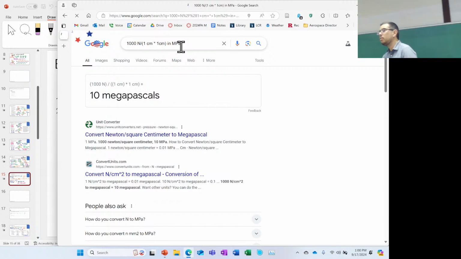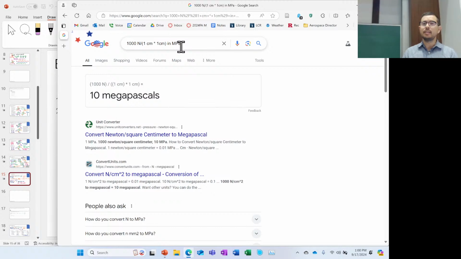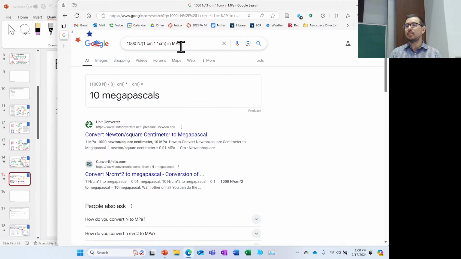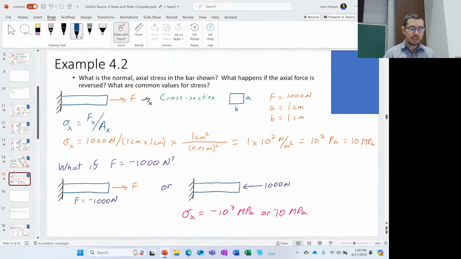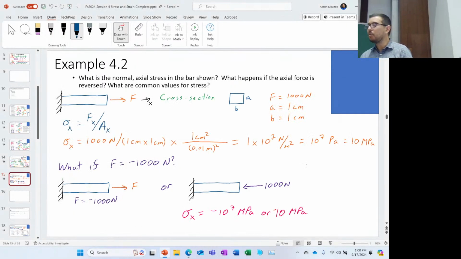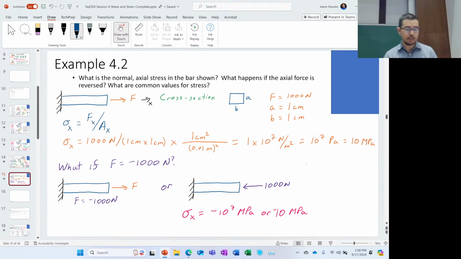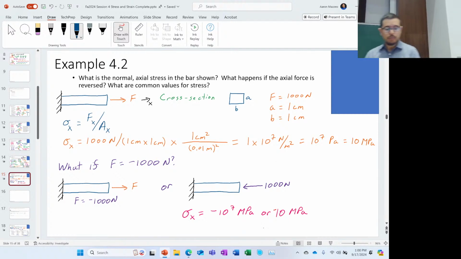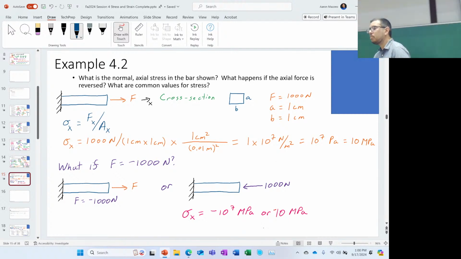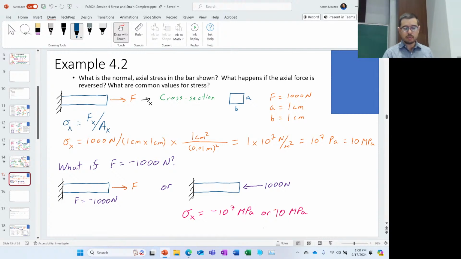So if you're hung up on the units, you can use Google to do that. That's not necessarily the most thoughtful way to do things, but it does keep track of units for you. Mega is 10 to the 6, right? What else? Centimeters. Yeah, I think the conversions are all good.